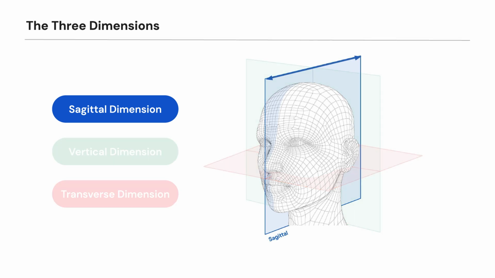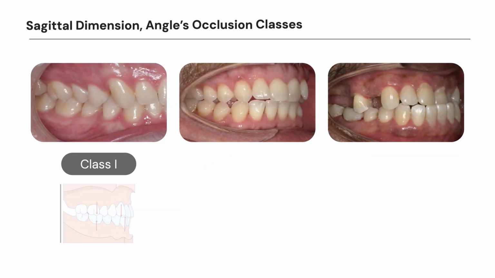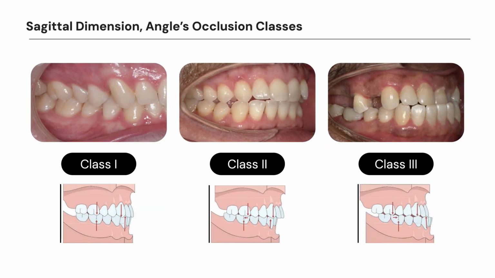Let's start with the sagittal, the forward and backward, and talk a little bit about those angles, classification of occlusion that we touched on earlier. So class 1, as I described, is that mesiobuccal cusp of the upper first molar fitting into the central groove. And then a zipper effect as we go forward, the hills and the valleys all fit together. When you slide sideways, they slide through one another.